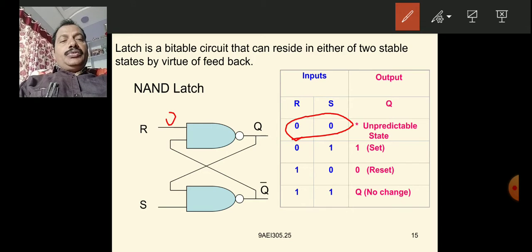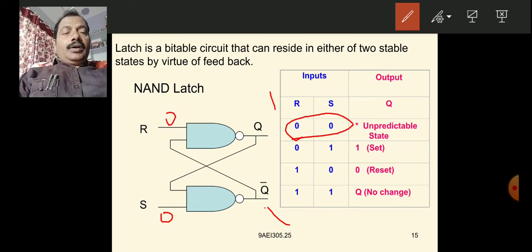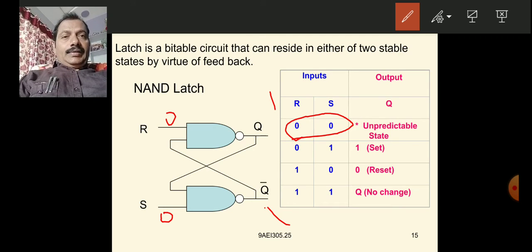When 0 0 is applied, the outputs are 1 1, but we don't accept this output combination because outputs must be complementary.